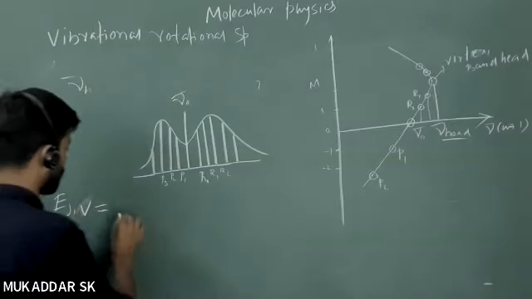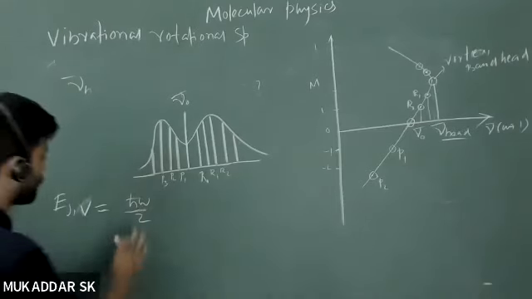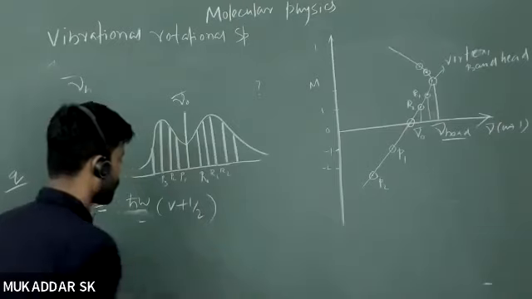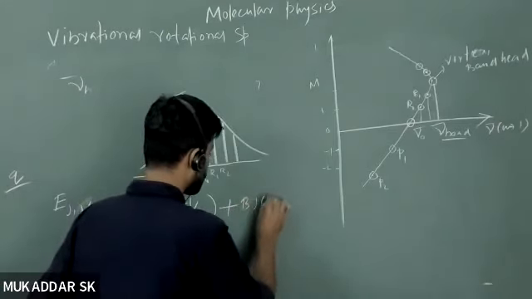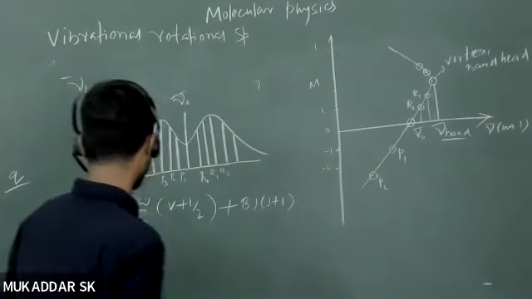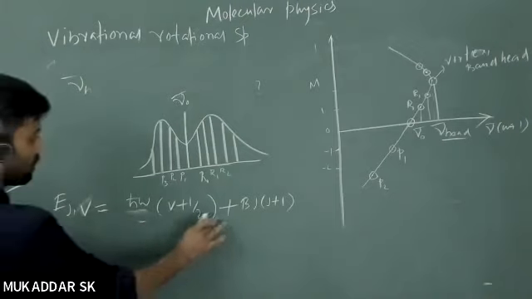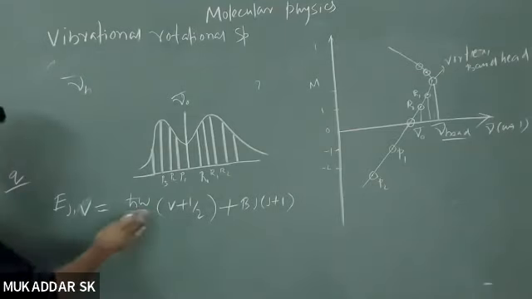E_JV is given as h cross omega times v plus half, plus B J into J plus 1. This is your vibrational rotational energy. So you can clearly see that the anharmonic term is neglected here.